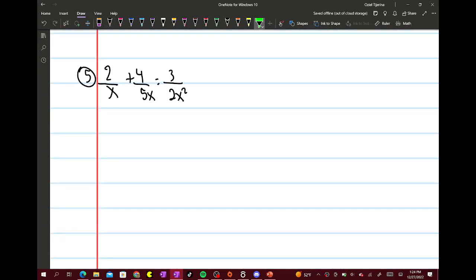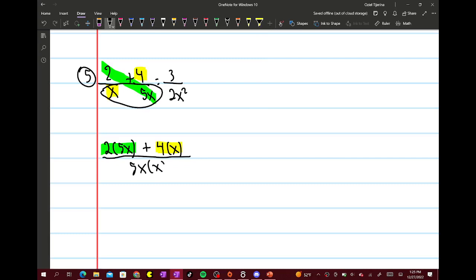So again, cross multiplication, so 2 times 5x, right? So like this. And then plus 4 times x, right? So 4 times x. And then all over these two multiplied, so 5x times x.